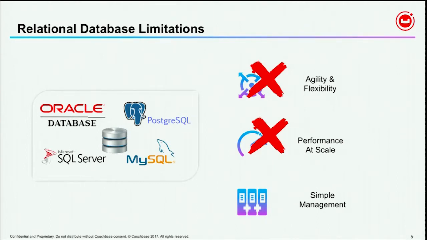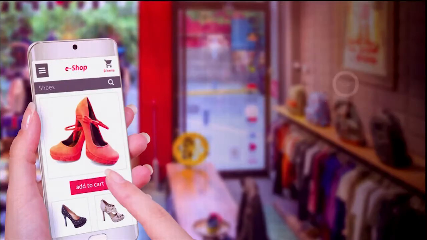And then from a management perspective, managing the sharding, managing the caching layers, managing the changing of schemas is all extra complicated with a relational database, not to mention one that you're trying to keep online all the time.